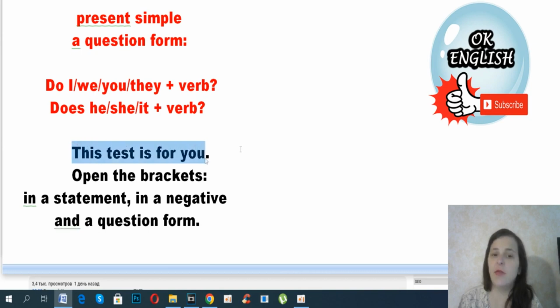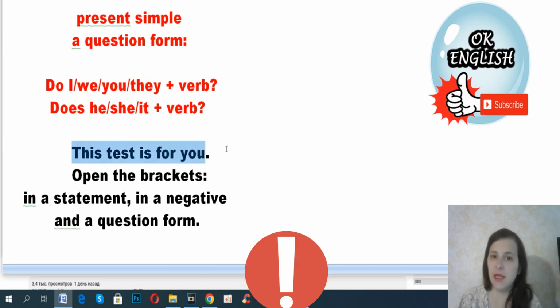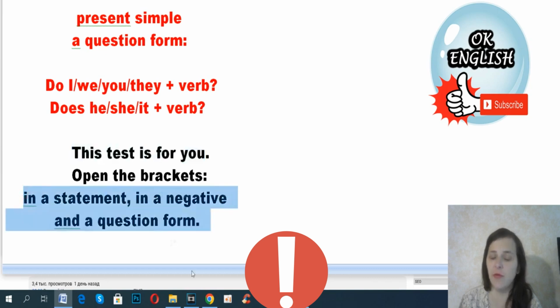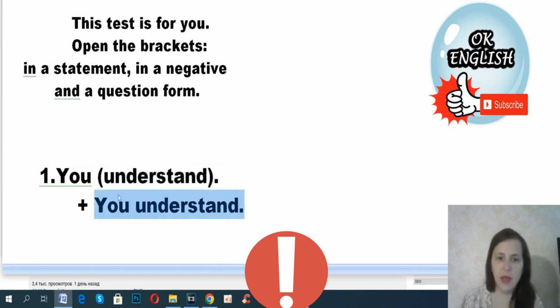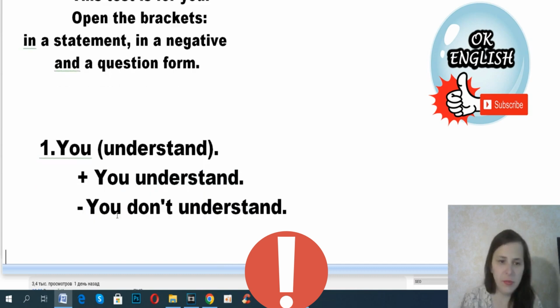This test is for you. Open the brackets in a statement, in a negative and a question form. You understand. If you have I, we, you, they plus verb without s. You understand.